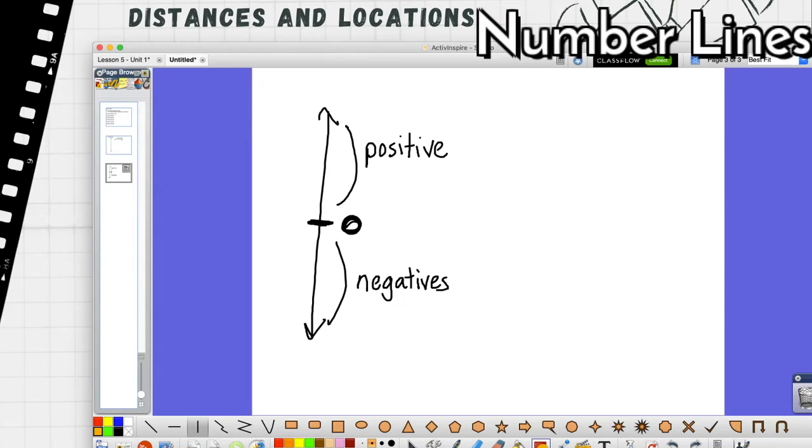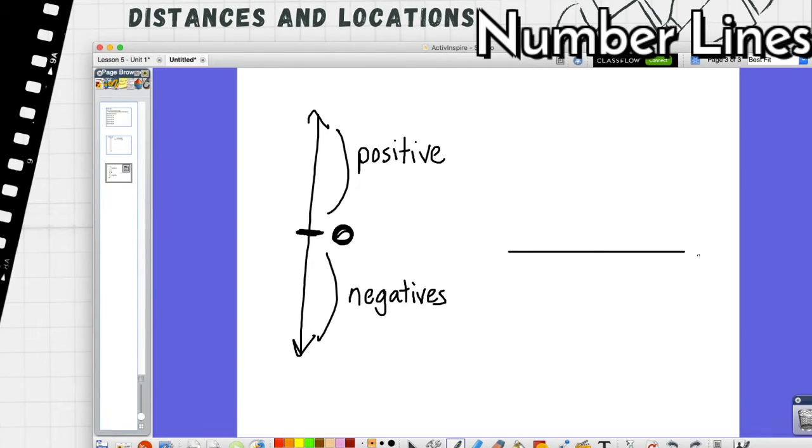For a horizontal number line, a lot of people do put 0 in the middle. You don't have to. Positives are over here, negatives are over here. So that's horizontal number lines.